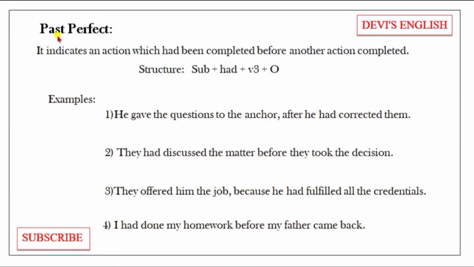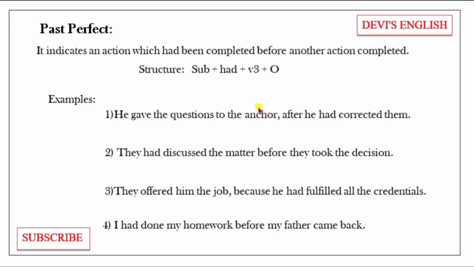Past perfect tense. It indicates an action which had been completed before another action was completed. Structure: subject, had plus verb 3 plus other part of the sentence or object. Example, according to the structure: he gave the questions to the anchor after he had corrected them.